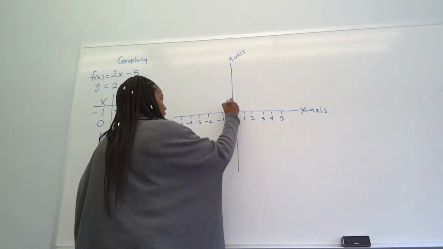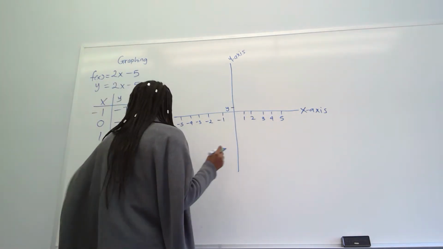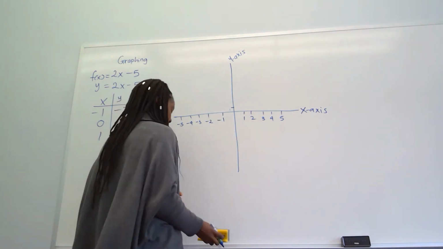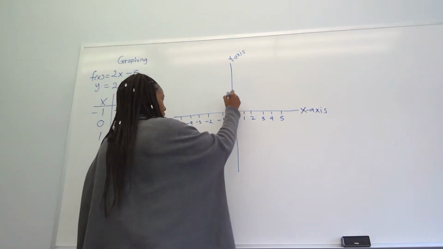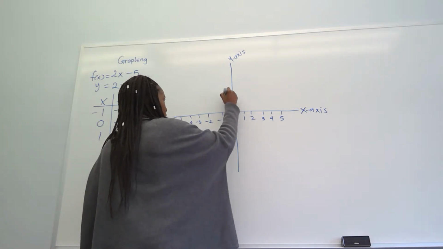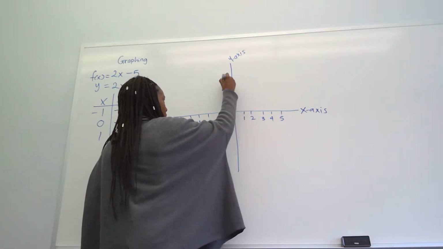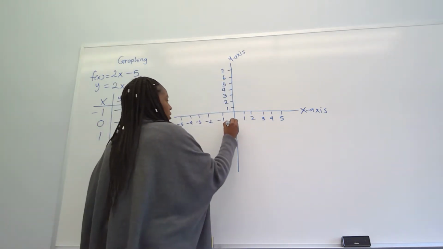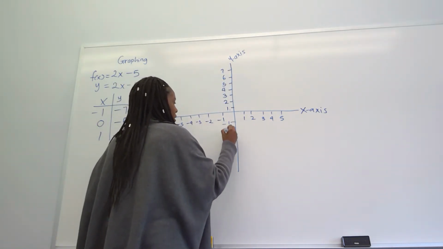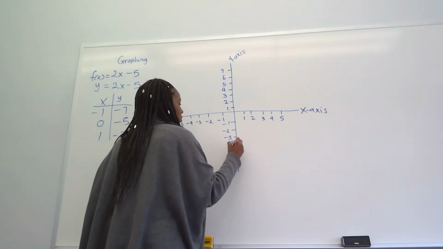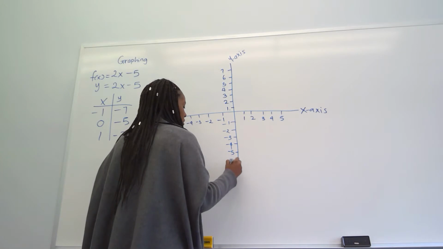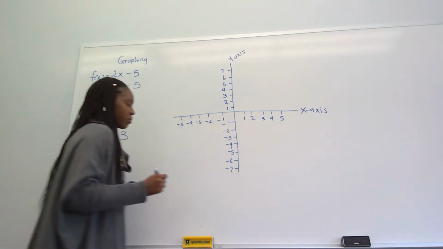This is the positive y side, 1, 2, 3, 4, 5, 6, 7. This is the negative side, -1, -2, -3, -4, -5, -6, and -7.